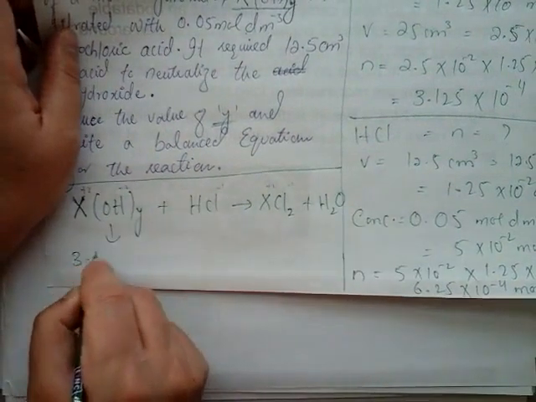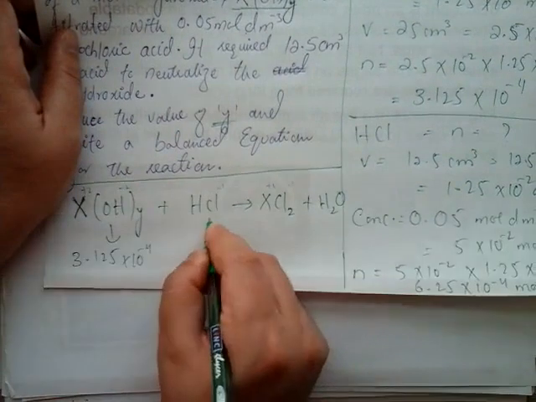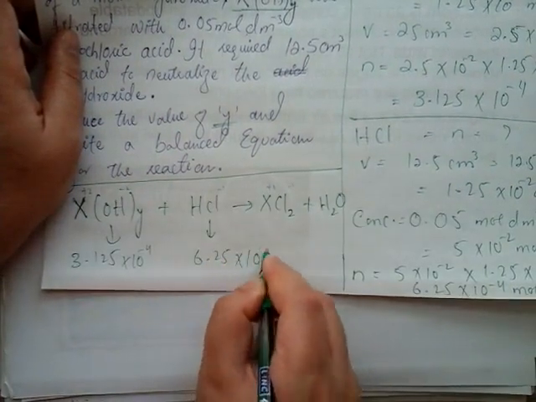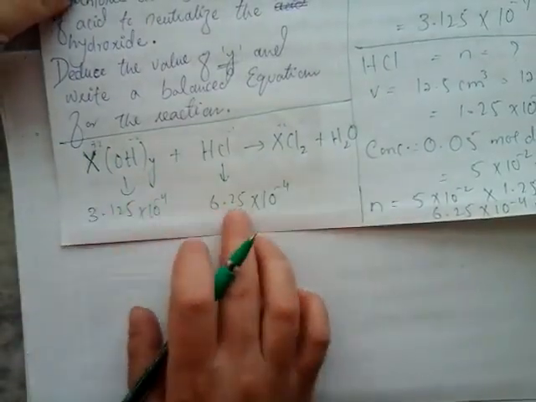Now let's do the stoichiometry. Here the moles of the metal hydroxide are 3.125 into 10 raised to power minus 4, and moles of hydrochloric acid is 6.25 into 10 raised to power minus 4. Is that clear? So we have to find which number is the smallest value. Which one is the smallest value?